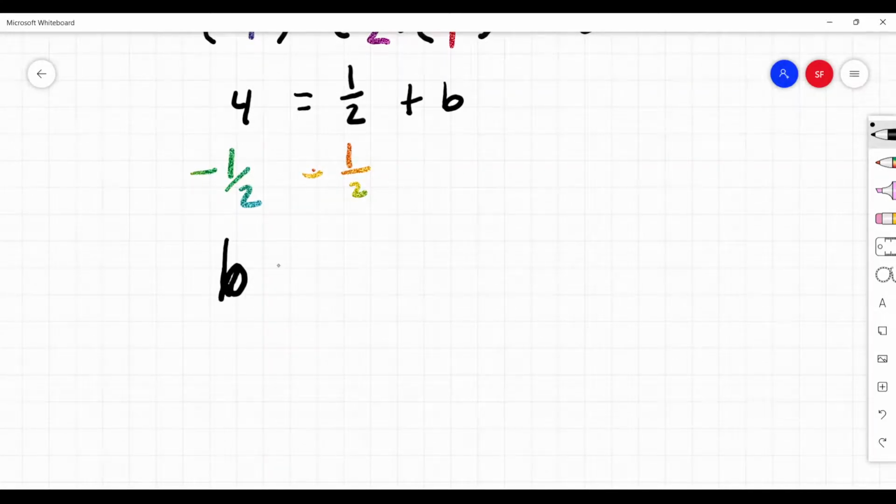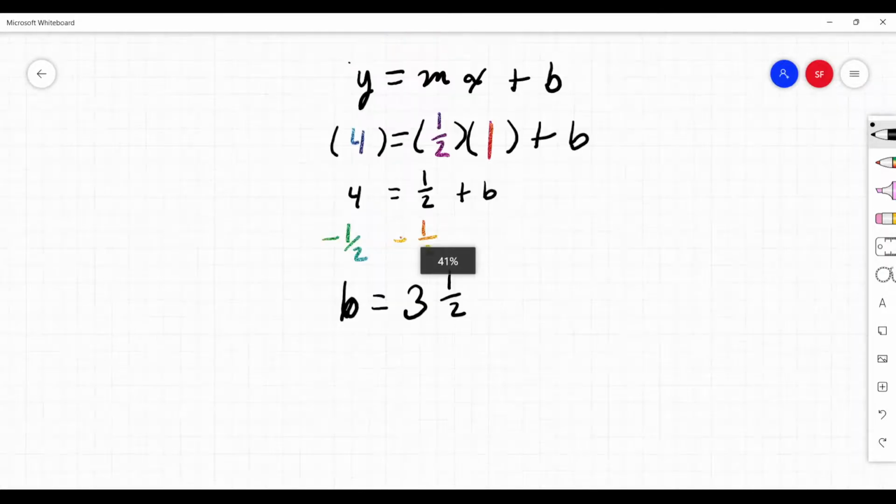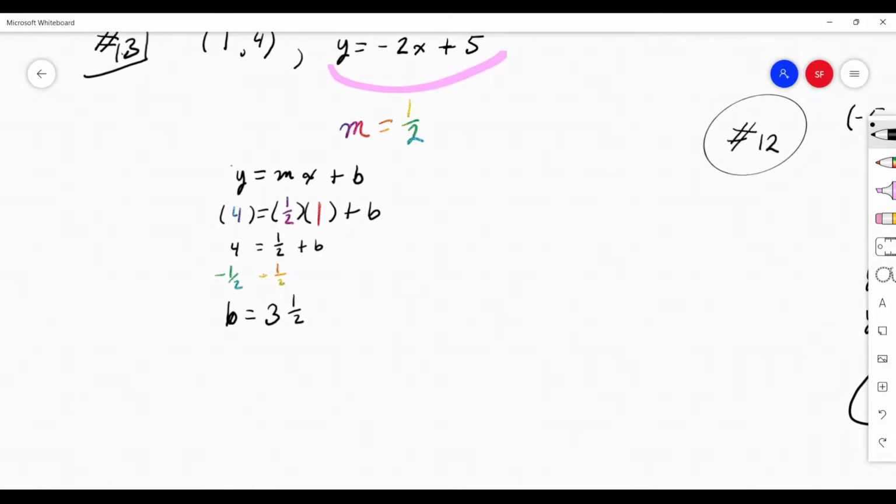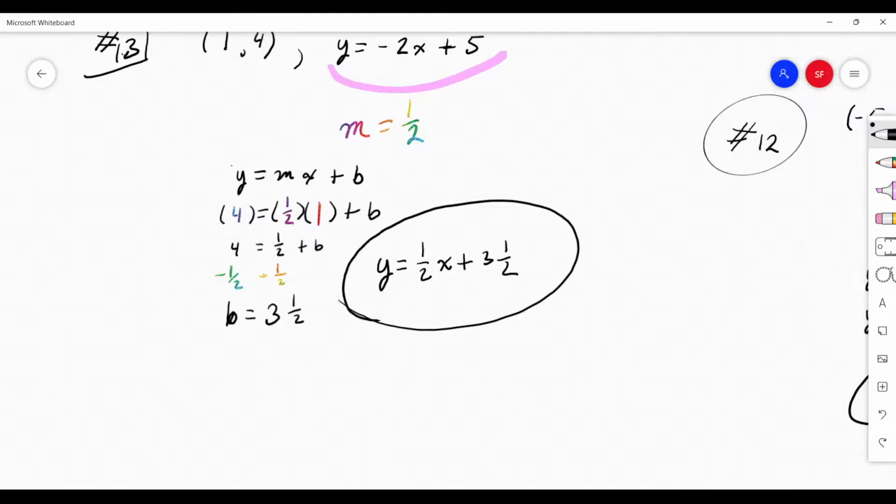Oh, you're right. I said, what's 4 minus 1/2? So our equation is y equals 1/2 x plus 3.5. Can we put 3.5? No.